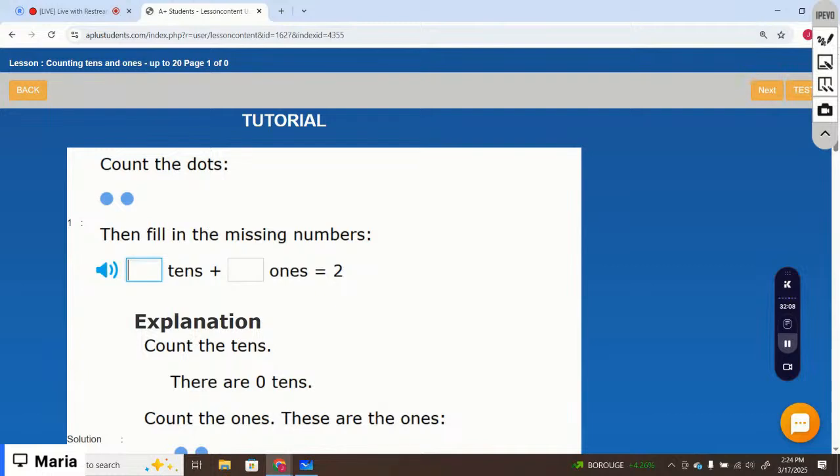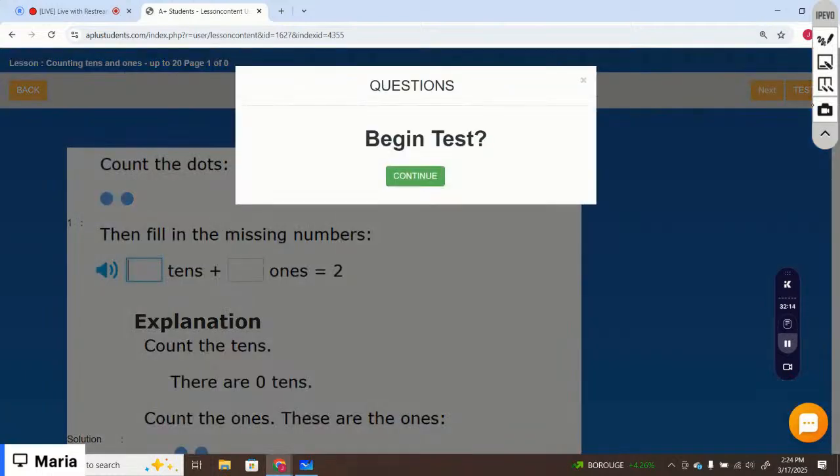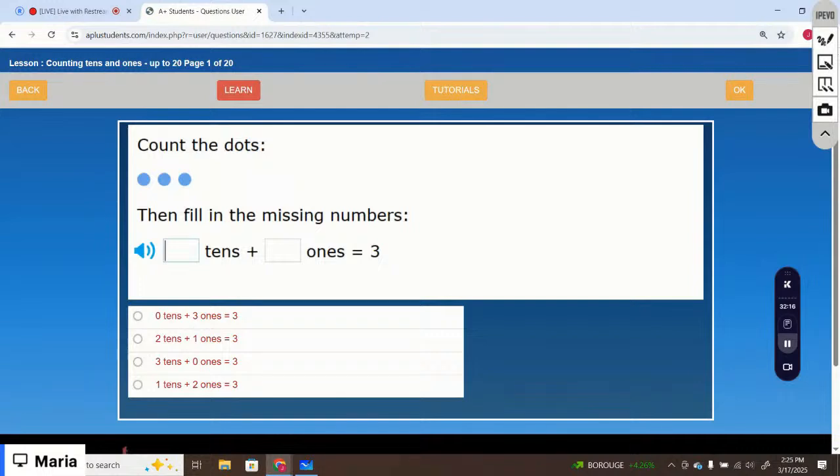Let's just start with the test questions. So count the dots. Only three dots.